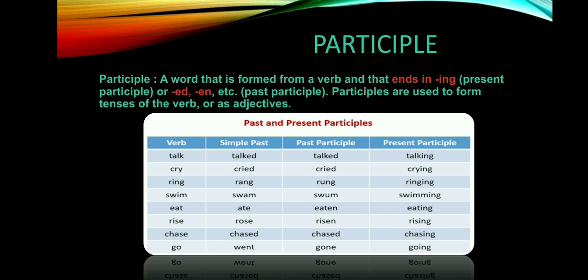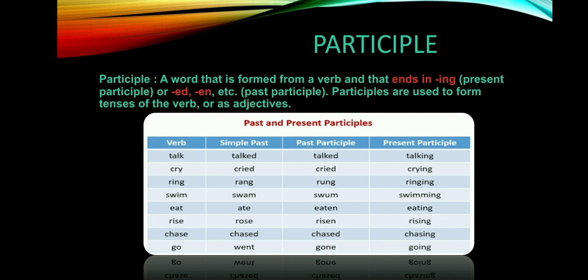Let's see the adjectives and all the forms of verb of the word ring. Ring, rang, rung, and present participle is ringing. Swim, swam, swum, swimming. Eat, ate, eaten, eating.